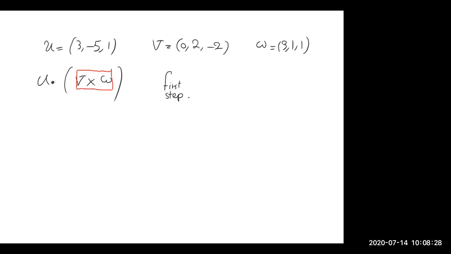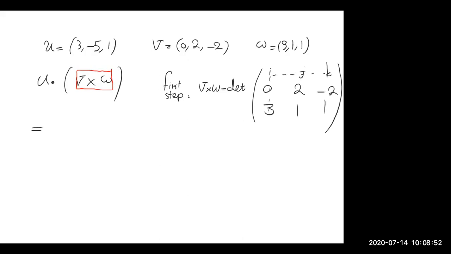The first step is to compute the cross product of v and w, which is the determinant of this matrix with i, j, k. The vector v is (0, 2, -2), and the vector w is (3, 1, 1). I would write slightly faster this time because we've done it a few times. 2 minus -2 would be 4 times i, minus something times j, it would be 0 minus -2 times 3, which is 6, plus something times k would be 0 times 1 minus 2 times 3, which is -6.